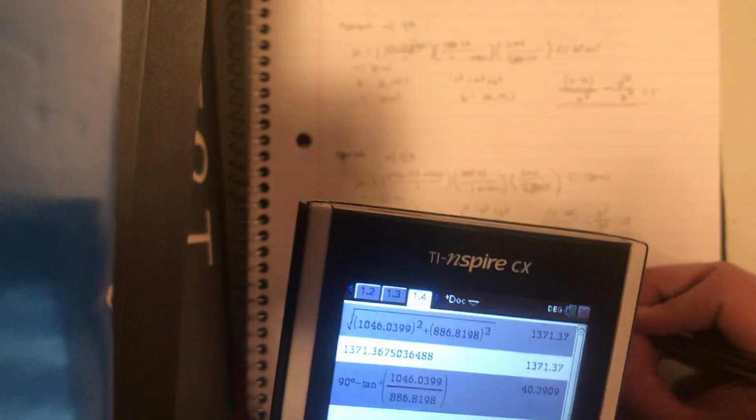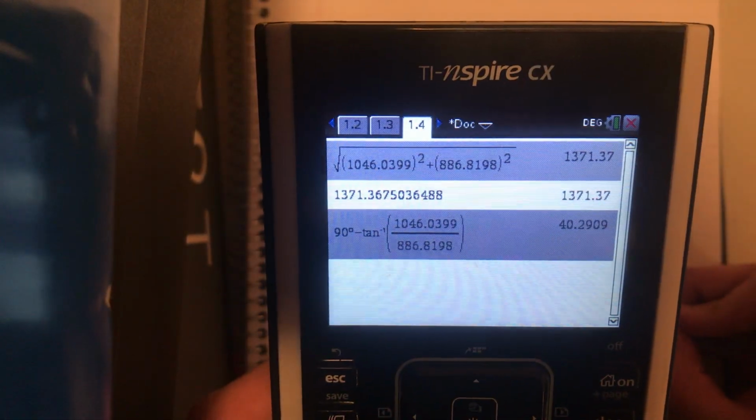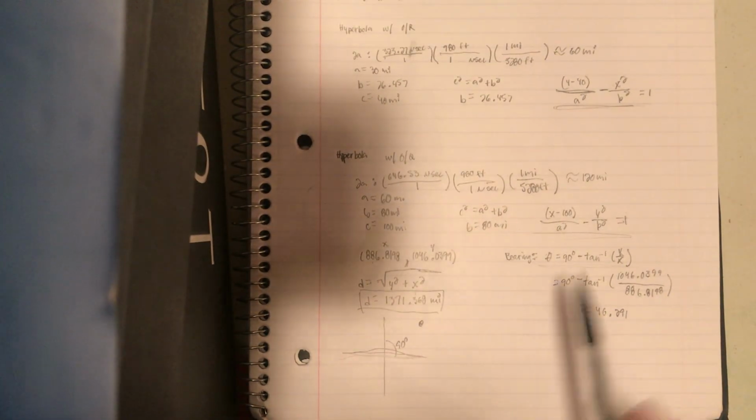You could round it, which will be 40.291.